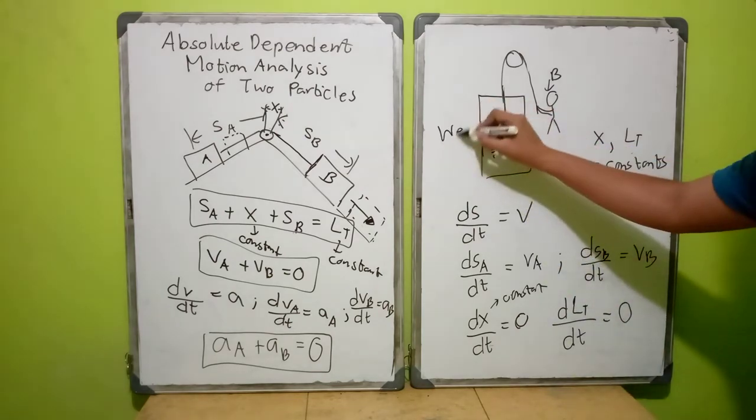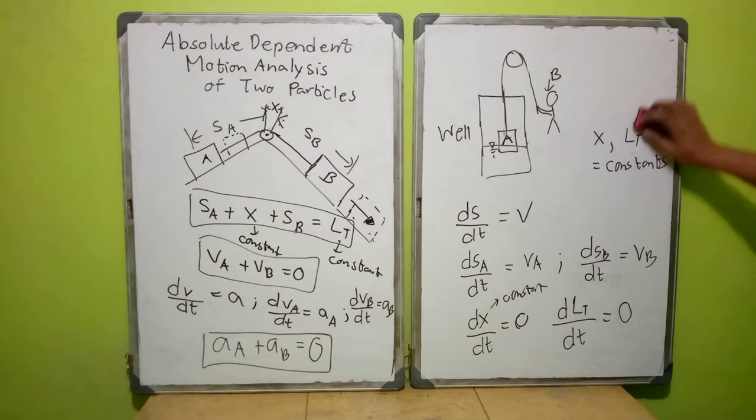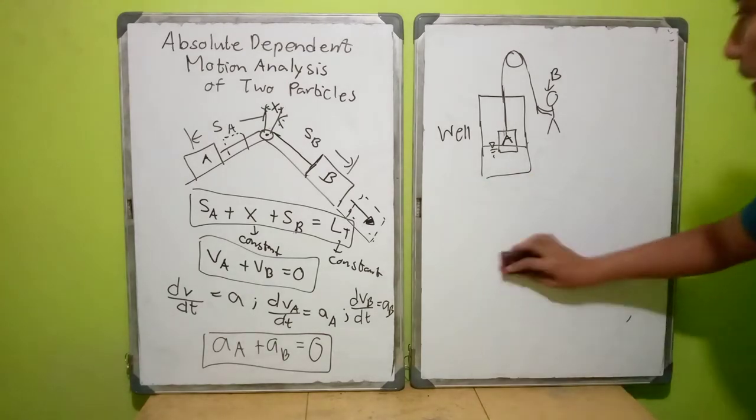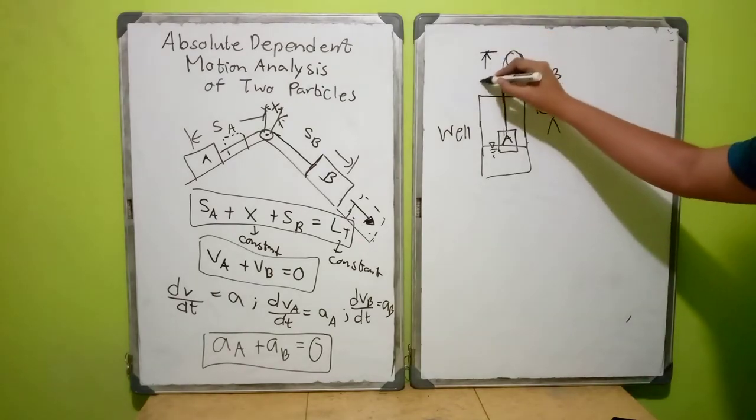So let us say this is the well. I will erase this one. So here you have the particle A, and this is your S sub A.